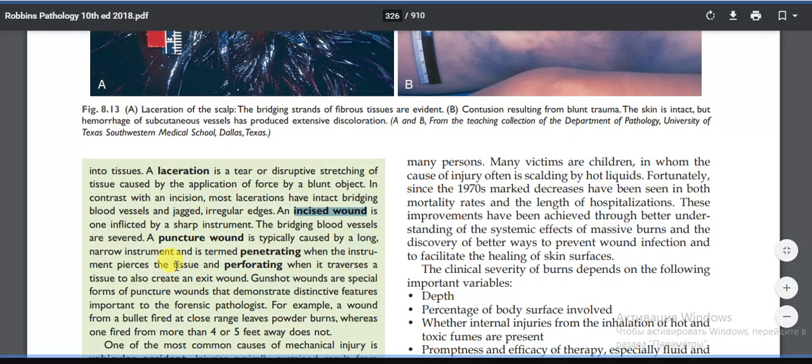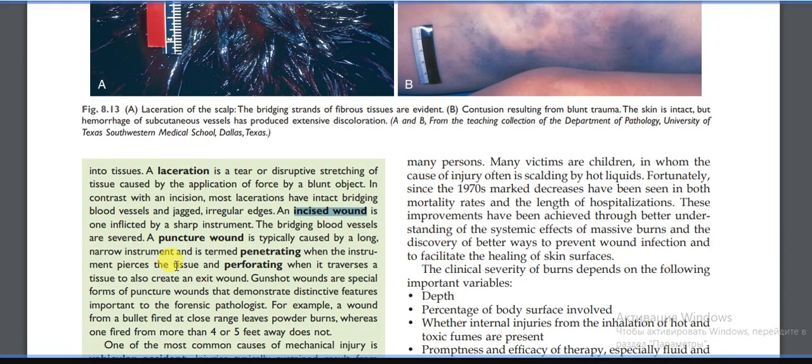A typical puncture wound is a needle wound. Usually a puncture wound is not dangerous because the tissues are already very close to each other, and after puncture they keep being close to each other.